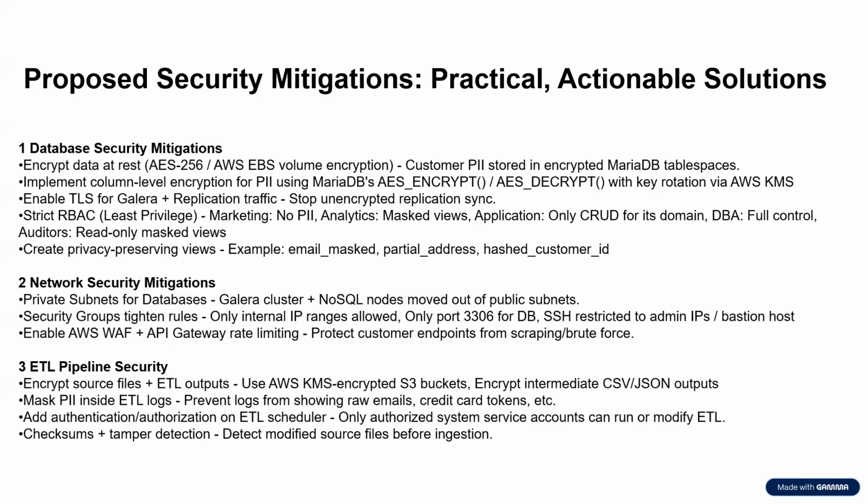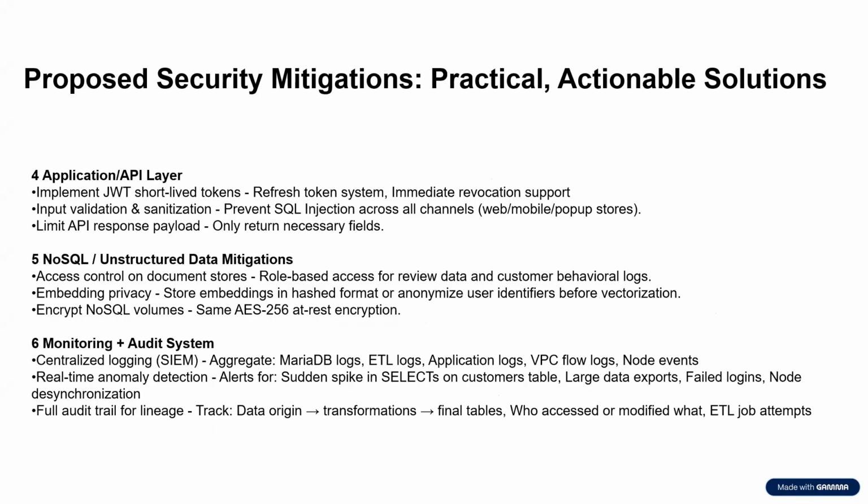So Galera cluster plus NoSQL nodes should be moved out of public subnets, and we should use private subnets so that it is not accessible to the general public. Then API input validation and JWT-based authentication is another process we should include in Aethermart so that security is not at risk.